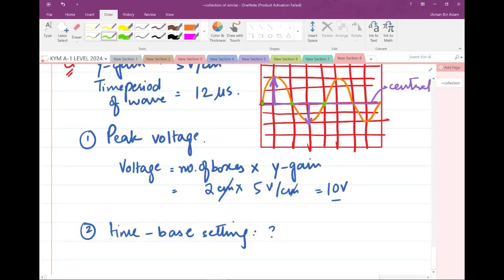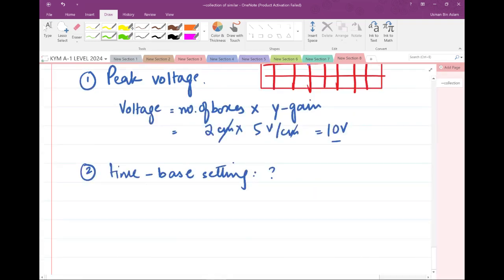Just look at how many boxes the wave is spanning over. 1, 2, 3, and 4. One wave is formed in 4 boxes. You don't have to count where the next crest starts. You just have to locate where the first crest starts and the adjacent trough ends.